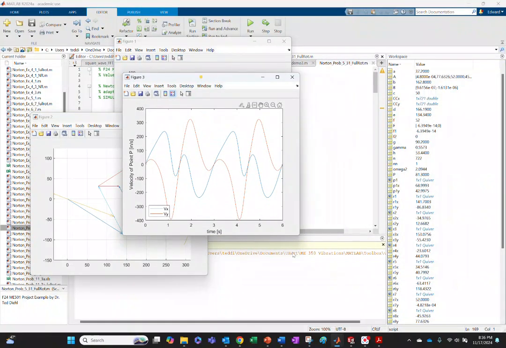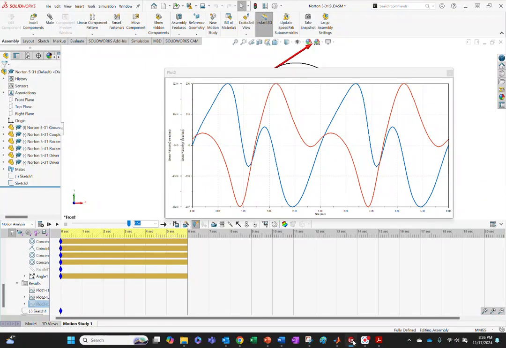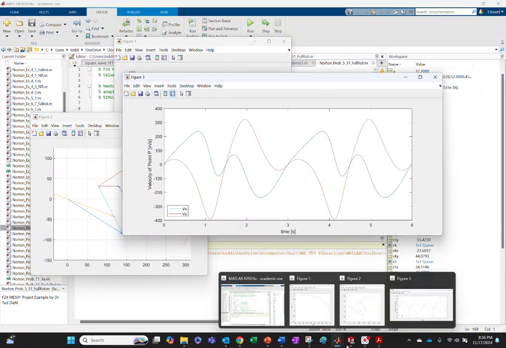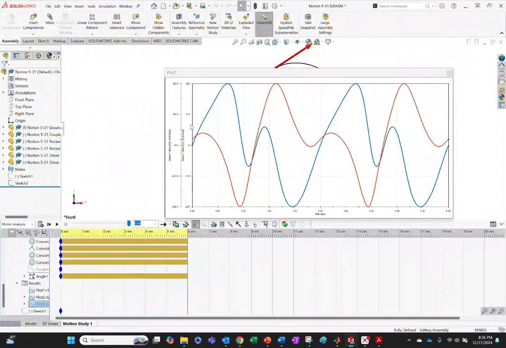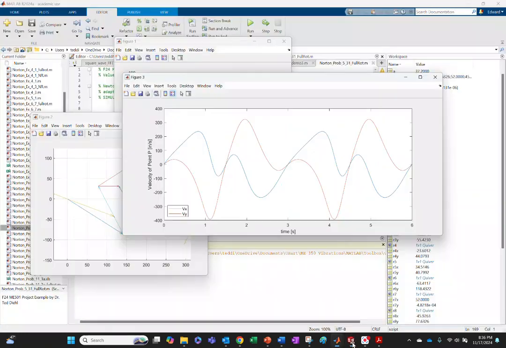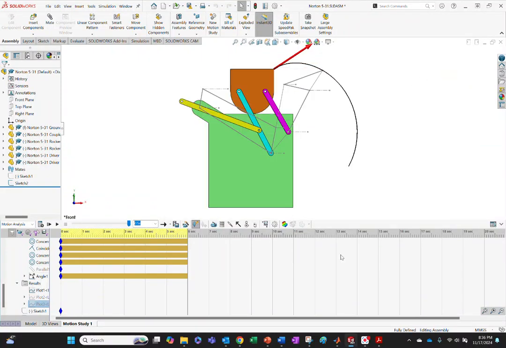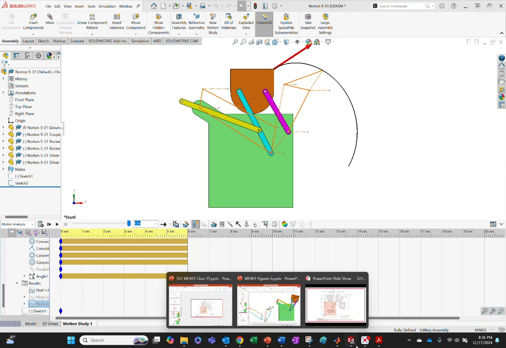If we were to plot those up next to each other, we would see that they're very similar. I think the SolidWorks one uses a different scale for each of the two plots, so they're not proportionally the same to each other like this one is. But we could export that into Excel and check it out. But let's take a look at what's going on in it.